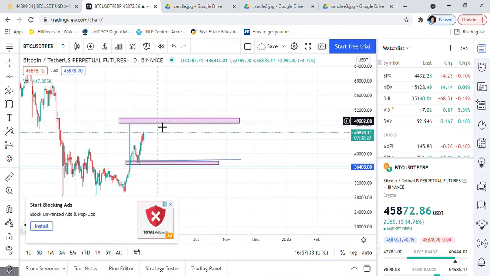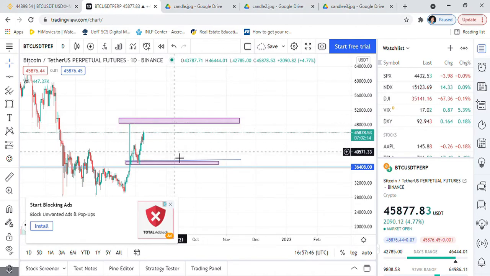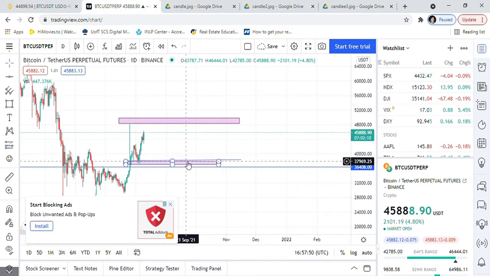So when you see that the candle has reached this area here, it's telling you that you need to short because that is a resistance. You can short and then take your profit when it goes back down to the support.